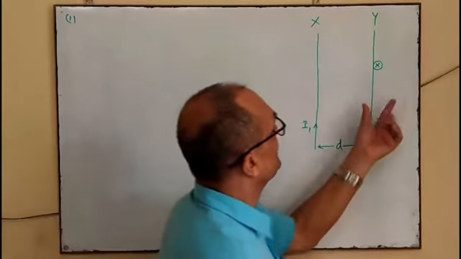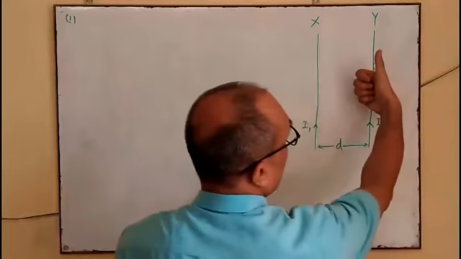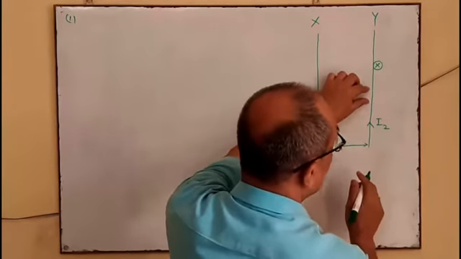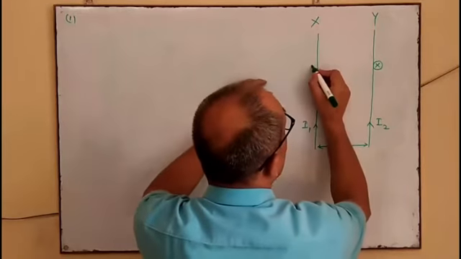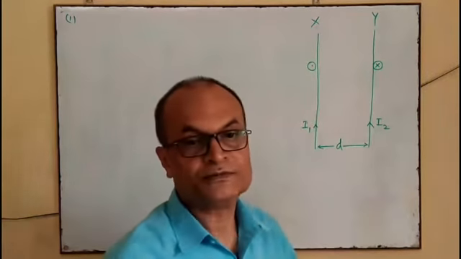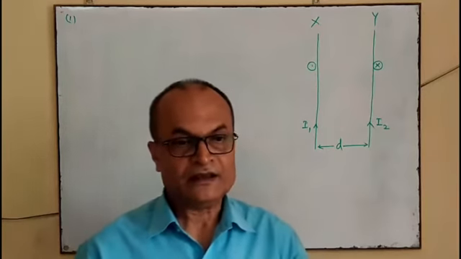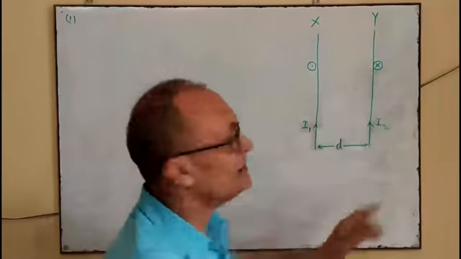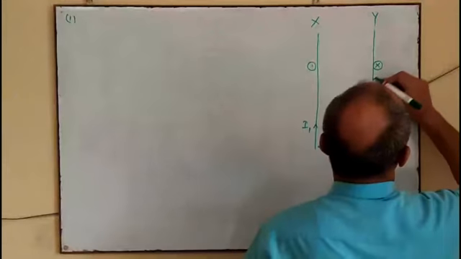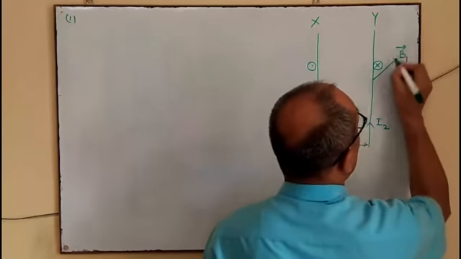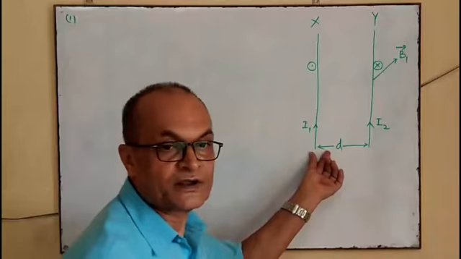And due to the current I2, again using the right hand thumb rule, the magnetic field at this point is outward from the plane of the board. I think it is very clear. So the magnetic field at this point, this is B1, is due to the current I1.